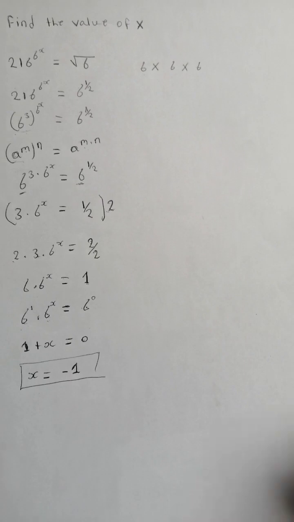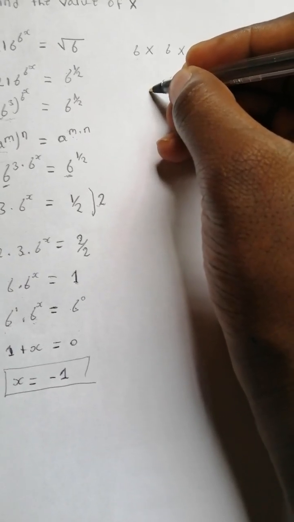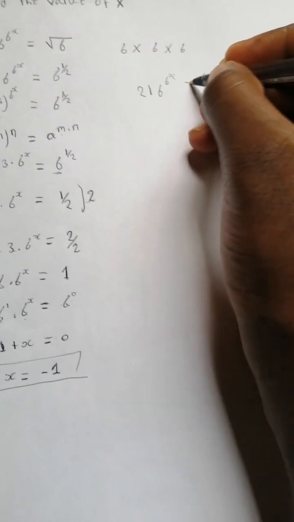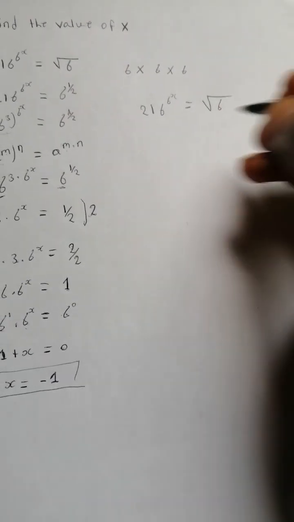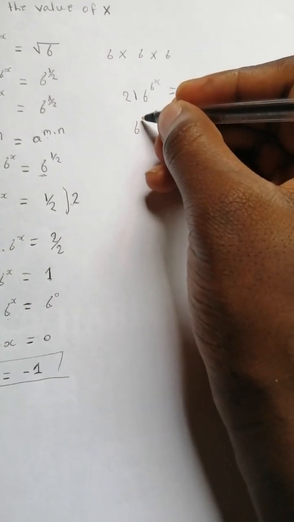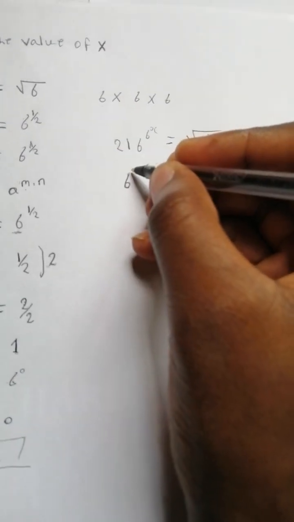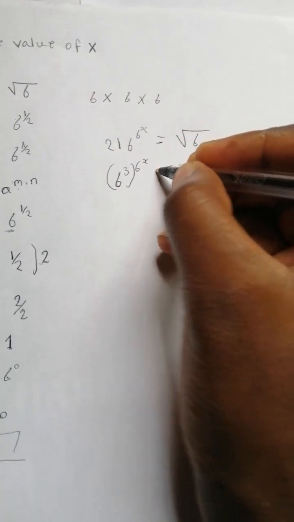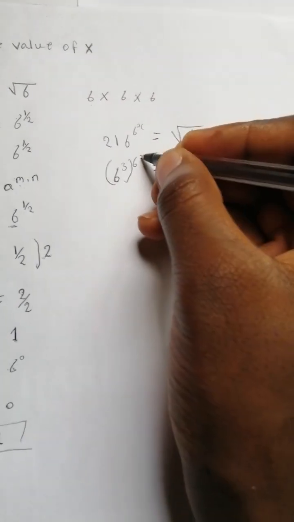So if you want to prove this answer, you can say 216 raised to the power 6 raised to the power x should be equal to the square root of 6 like that. 216 can also be written as 6 raised to the power 3 in brackets like that.